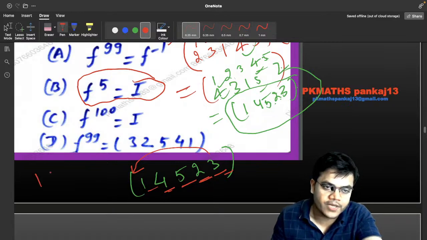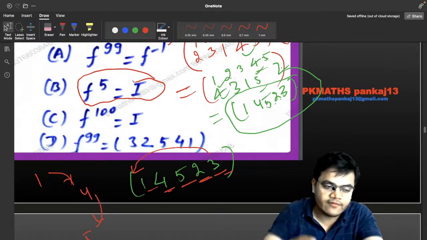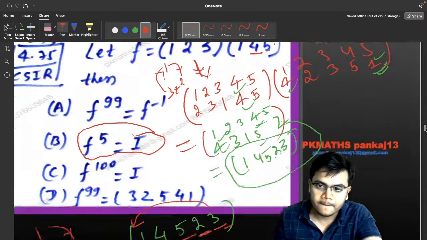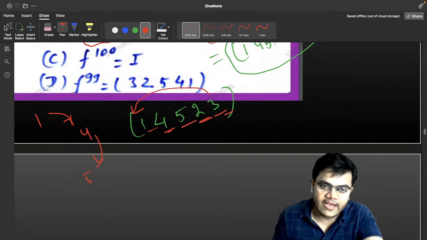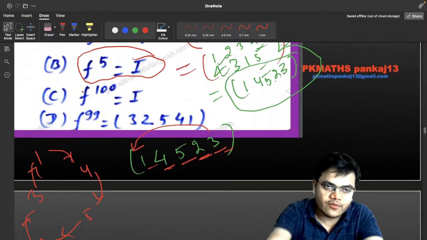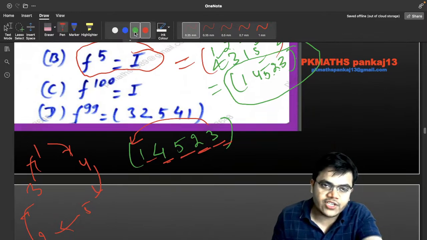So we are just going to make a cycle notation. 1 goes to 4, 4 goes to 5, 5 goes to 2, 2 goes to 3, and this 3 goes to 1. So the option was what? F5 is equal to identity.